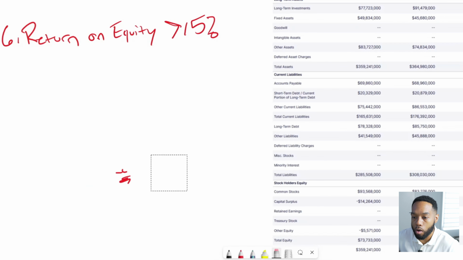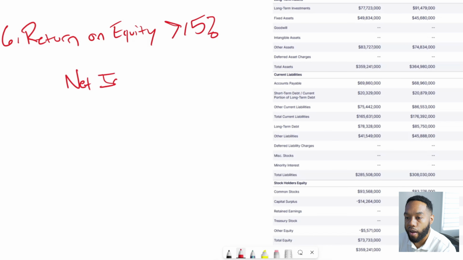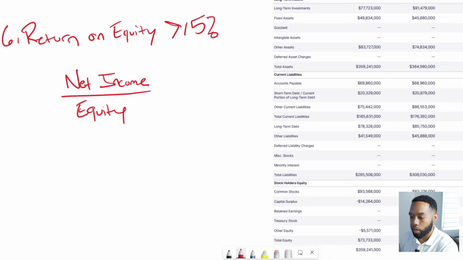So to find this out, we have a nice easy formula that we can look at. What we're going to do is divide our net income over our equity. Now remember, we're looking at the balance sheet here, and our total equity line is right here.